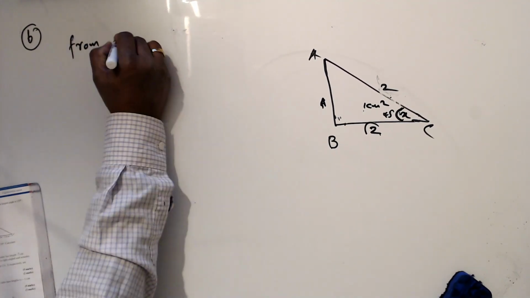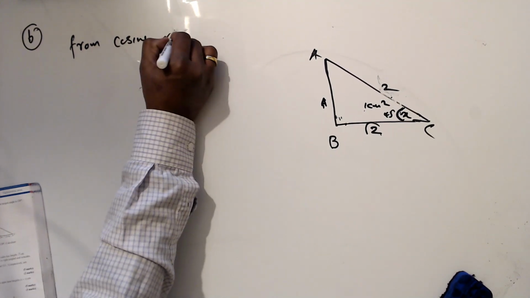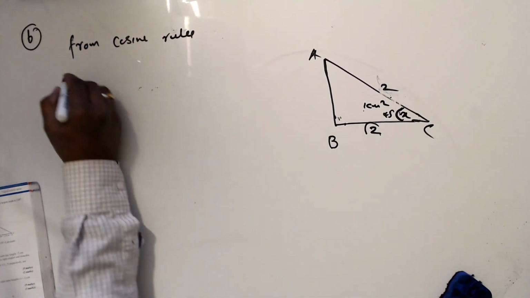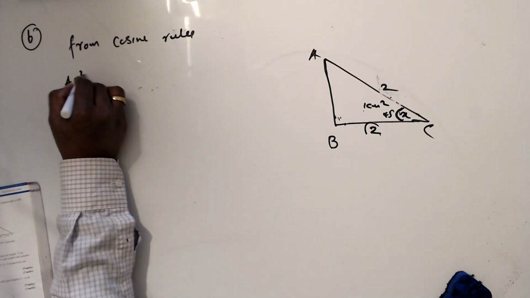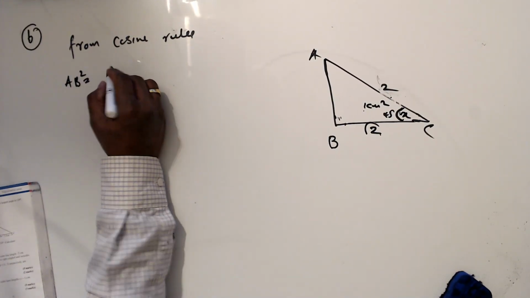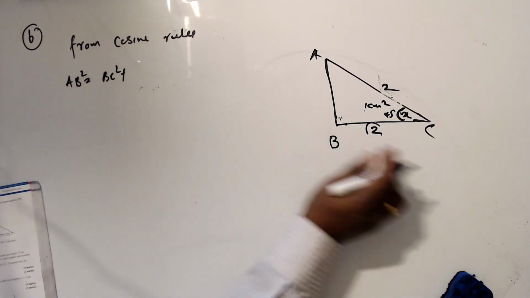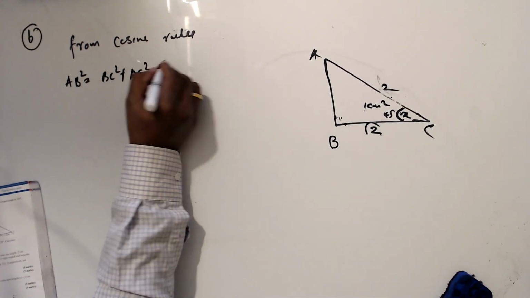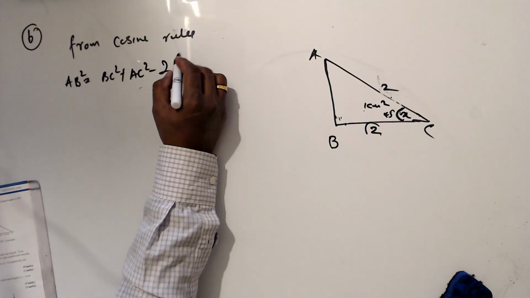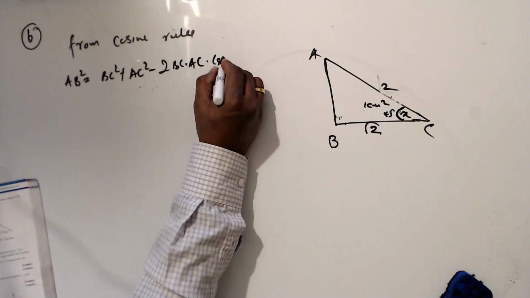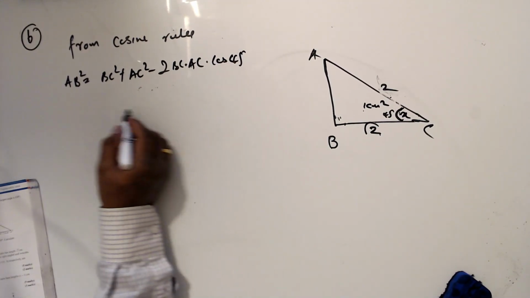Now from cosine rule, AB square equal BC square plus AC square minus 2 times BC AC times cos 45.